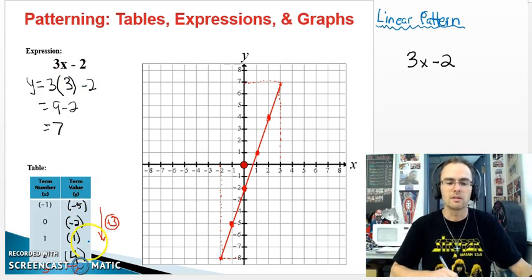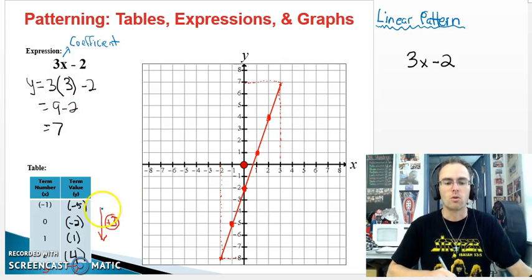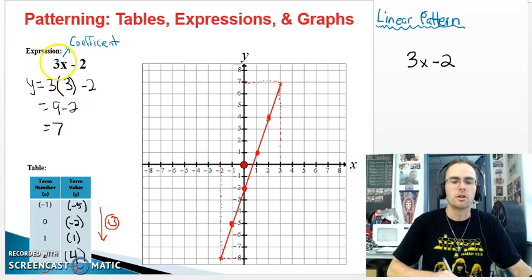Basically, if you had the t-table already solved and you got all your ordered pairs, if you notice this relationship down here, if you can figure out that pattern, which in our case is adding 3, you're adding 3 each time, that actually becomes the coefficient in your expression. So if you know that pattern, that automatically becomes your coefficient.